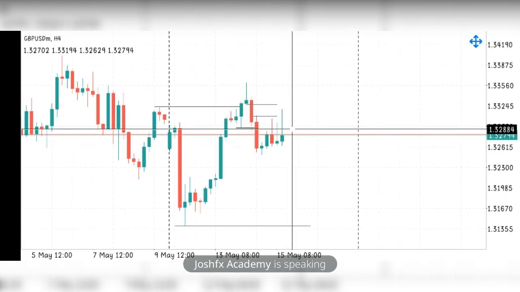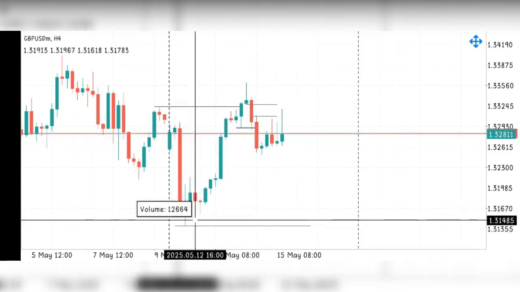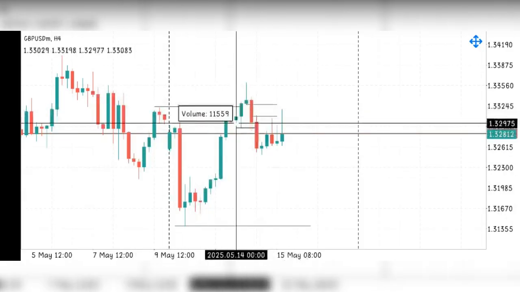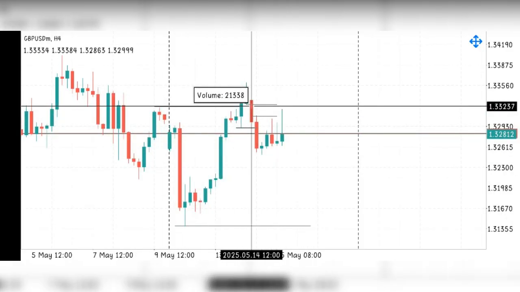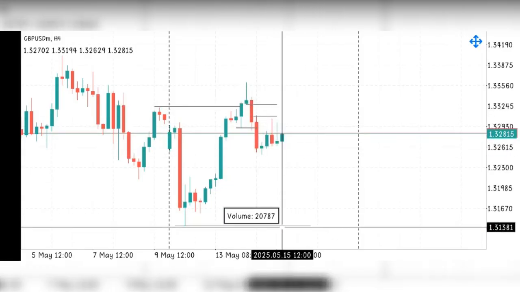The market is preparing to sell, to take out all of this sell side. Why? It has taken out this buy side, it has broken structure, and it has entered this internal range. Then it's coming for this external range.